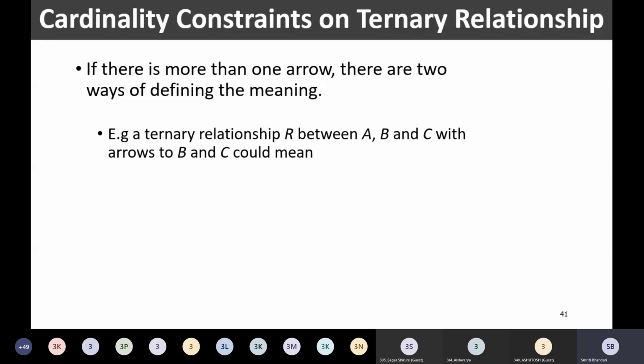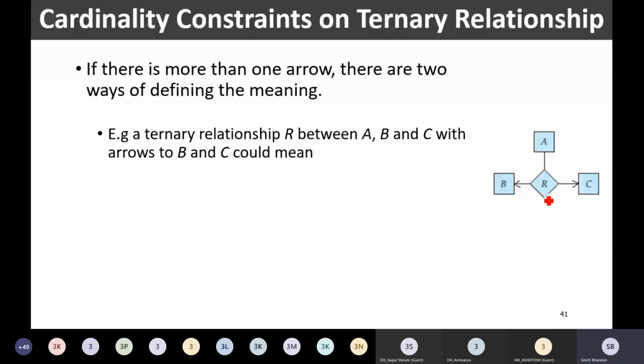So what are those ways how we can interpret this relationship with more than one arrow? Let us assume that we are having this relationship set R among these three entity sets A, B and C. Three entity sets A, B, C are participating in this relationship set R, and that is why we say that this relationship set R is my ternary relationship.